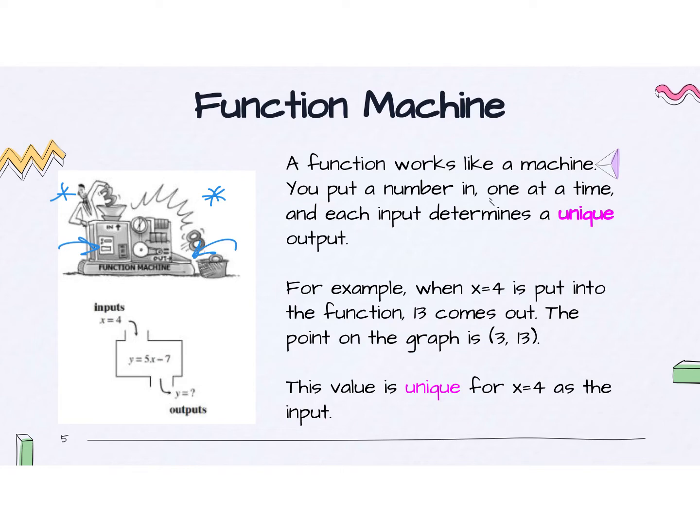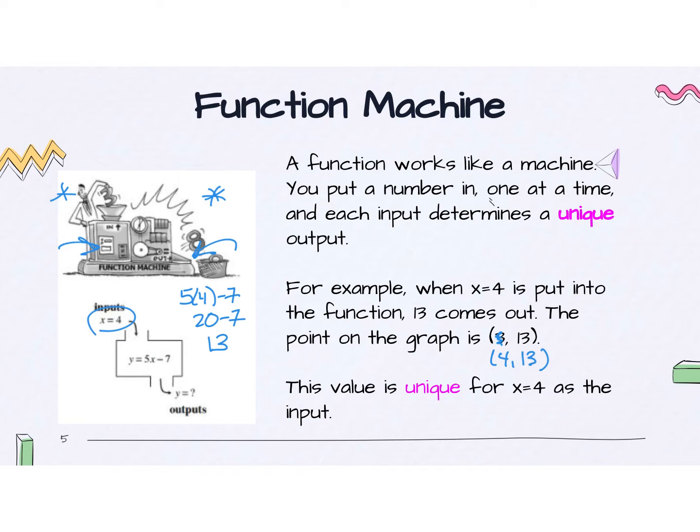So for our example, we are putting in x equals 4 into our function machine, and we have 5 times 4 minus 7. So we have 20 minus 7, and that hopefully is equal to 13. So we would end up with a unique point on our graph that would be represented by 4, 13.